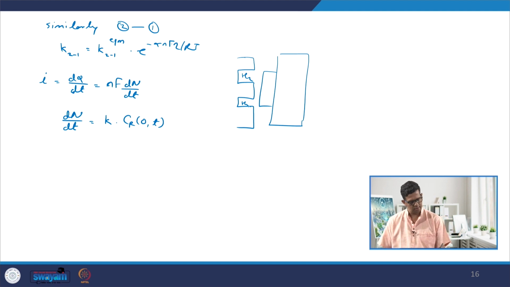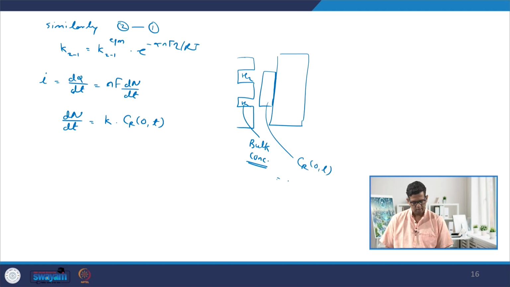As we have discussed, this is your bulk concentration, whereas the concentration at the interface is C(0,t). So Cr(0,t) is the surface concentration at the interface at any given time t.